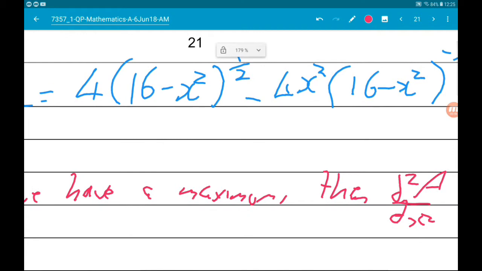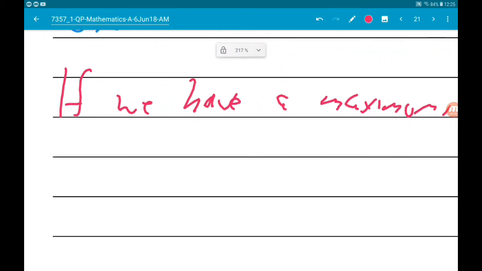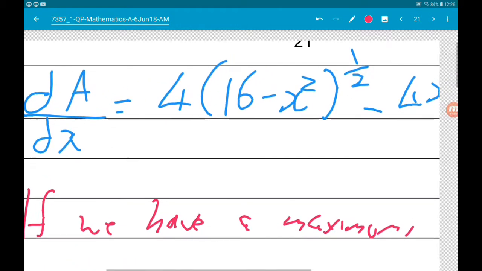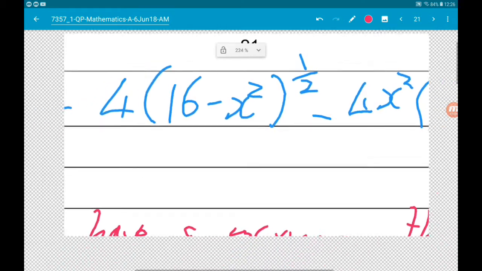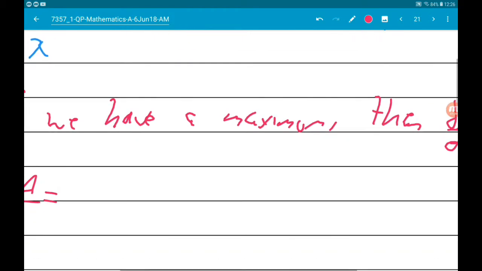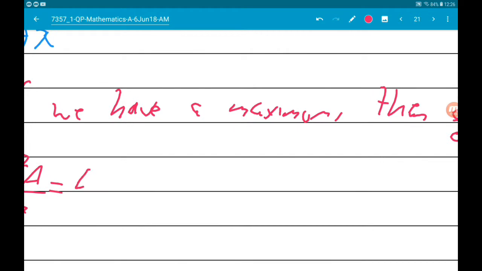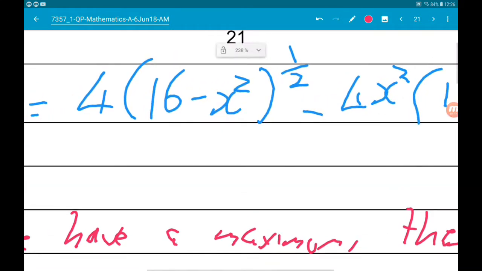Aren't we lucky? So we can do this. D squared a by dx squared is going to be. So for the first term, we only need to use the chain rule. So we're going to get 4 times a half times the derivative of the stuff in the bracket.